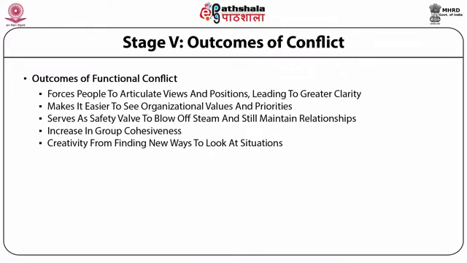Outcomes of functional conflict: it forces people to articulate views and positions, leading to greater clarity, makes it easier to see organizational values and priorities, serves as a safety valve to blow off steam and still maintain relationships, increases group cohesiveness, and fosters creativity from finding new ways to look at situations.